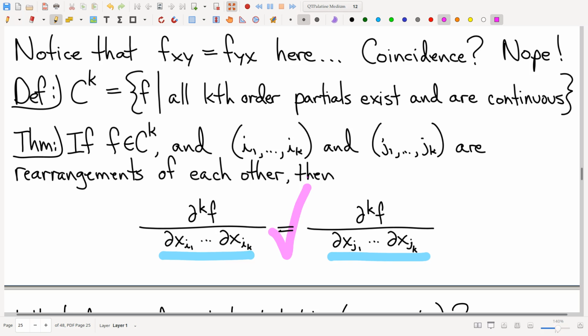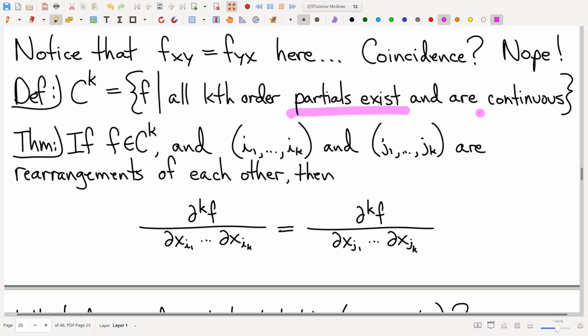So the way you're going to use this theorem is, for example, let me apply it to polynomials. Casual observation: partial derivatives of polynomials are all polynomials. All of them. And eventually 0, which is a polynomial, right? So all of the partials exist.